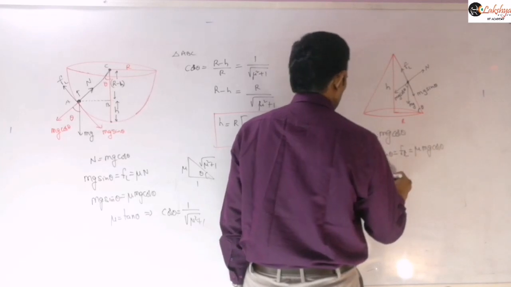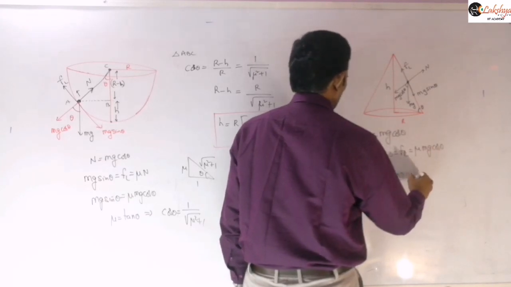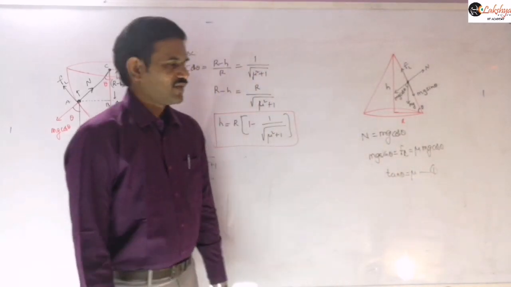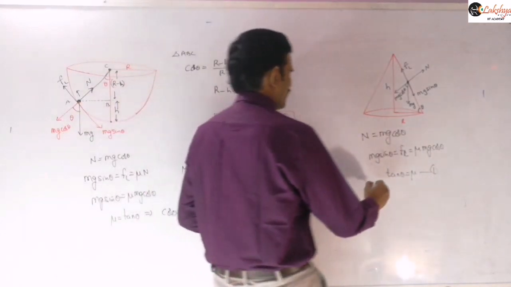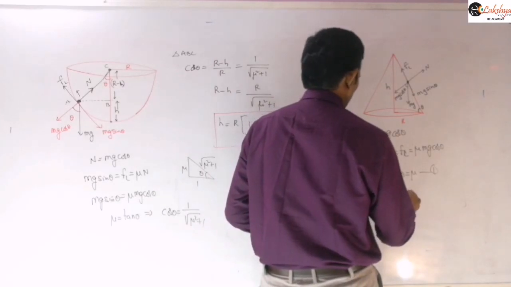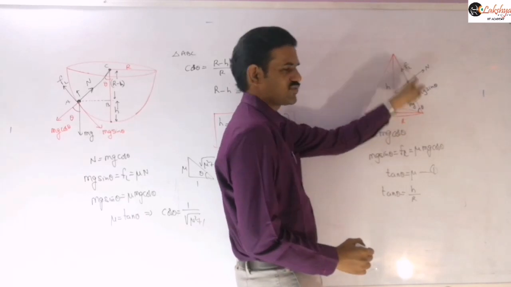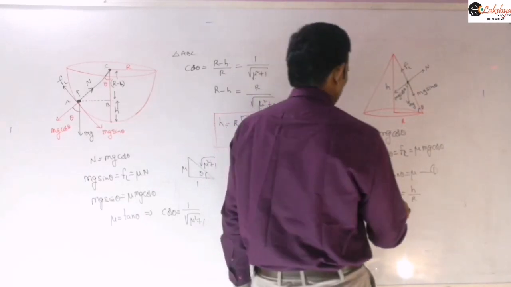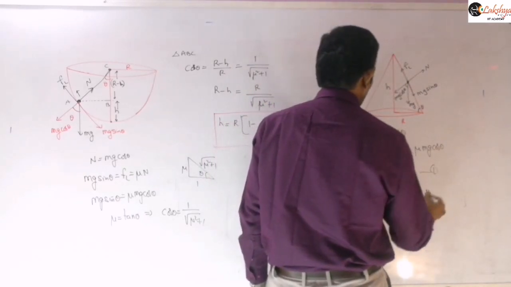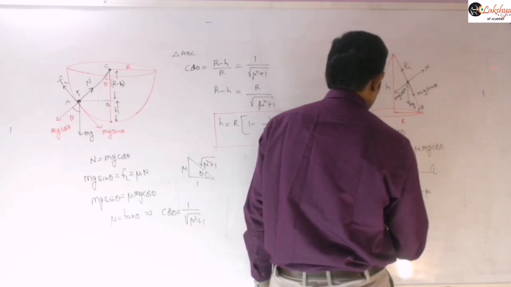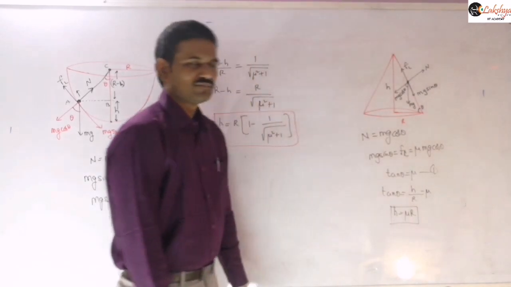Again from this you will get tan theta is equal to mu, similar to our previous problem here, right? And now from this figure, the tan theta value you can write as h by r, by using this triangle. So mu is equal to h by r, therefore h is equal to mu into r. This is the maximum height possible there.